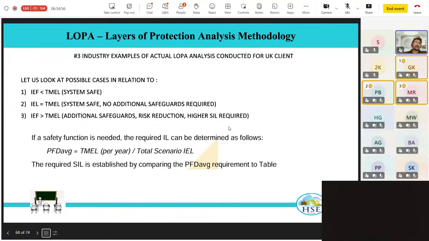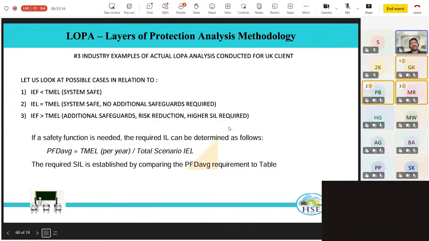So next is a step. Okay, now we'll be looking at 3 industry examples of actual LOPA analysis conducted for a UK client. This was done a couple of months back. So we look here at 3 possibilities. One is that the initiating event frequency is less than the TMEL, where the system is considered inherently safe.